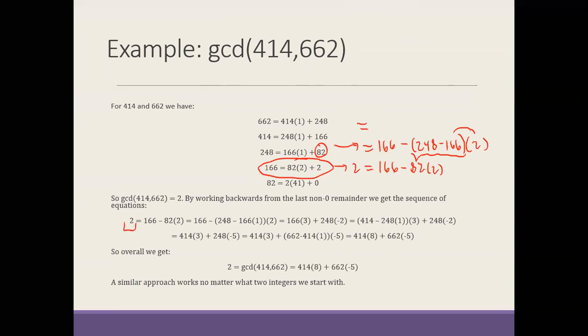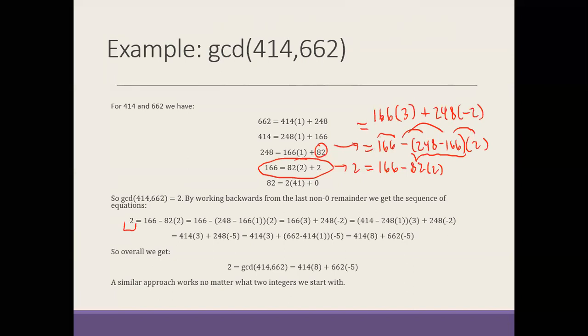I have one here, and then the minus sign distributes and I get 2 more 166s, for a total of 166 times 3. And then I have how many 248s? Well, -2.